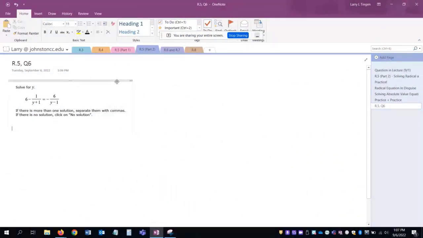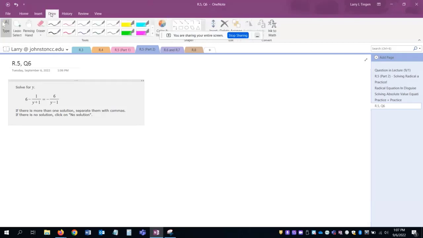All right? Equation here, because I've got the equal sign, not just an expression. I can't make it any larger than that right now, but I think you can see that. So solve for y: I'm looking at 6 over quantity y minus 1, minus 1 over quantity y plus 1, equals negative 6 over quantity y squared minus 1.